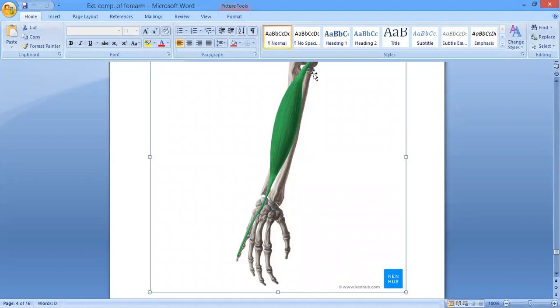As you can see, this muscle is getting origin from the common extensor origin from the lateral epicondyle of the humerus, and then it passes through the fifth compartment behind the extensor retinaculum, and it goes to the extensor expansion, and is going to be inserted at the base of the proximal phalanx of the fifth digit. Again, it is supplied by the deep branch of the radial nerve, and what would its function be?